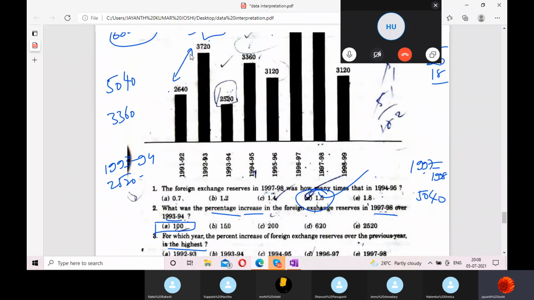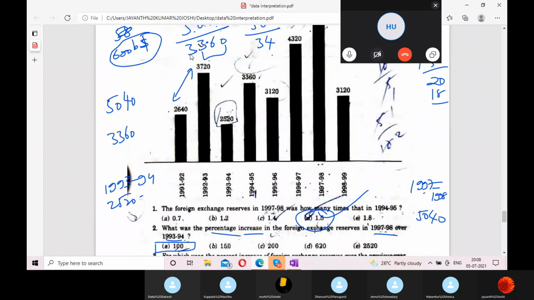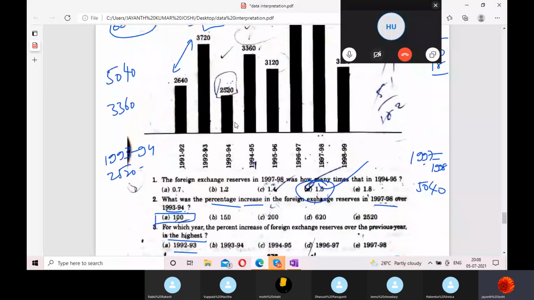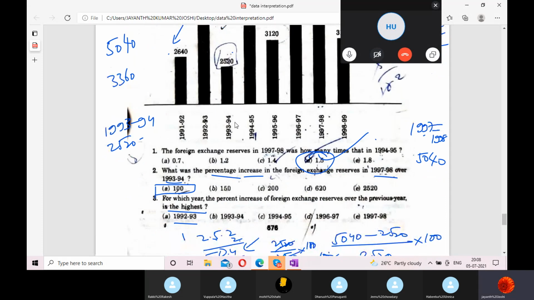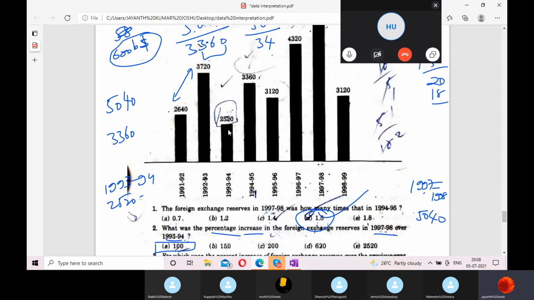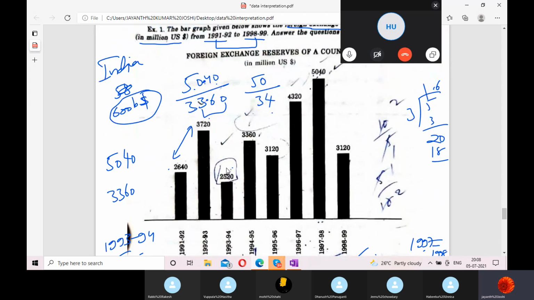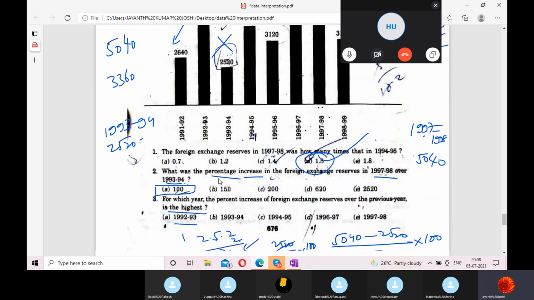You have to compare 93-94. Previous year it was more, here it is less. So this is cancelled, because here it is decreasing, not increasing.